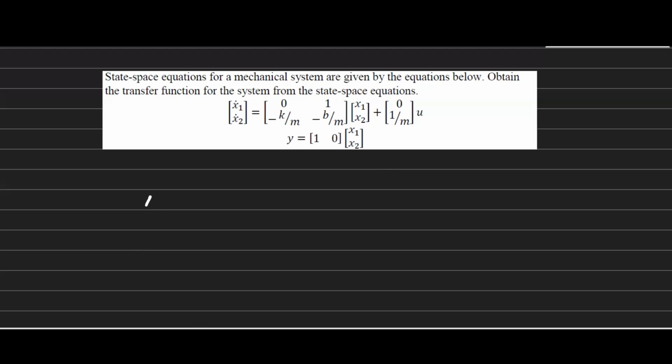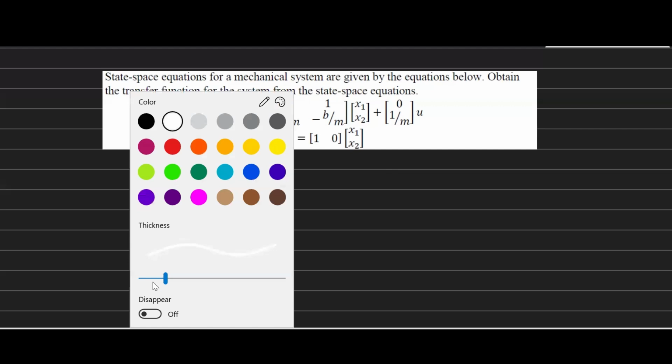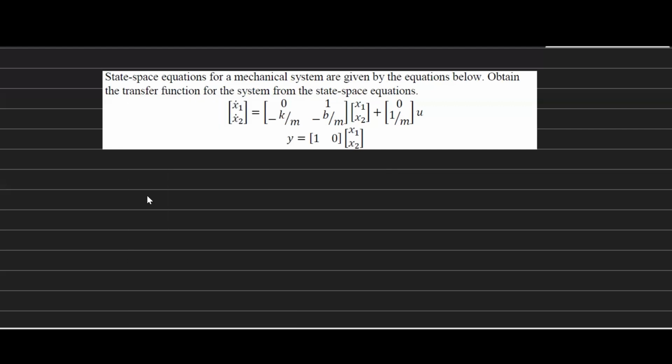Matrix A is equal to 0, 1, negative k over m, negative b over m. Matrix B is equal to 0, 1 over m.